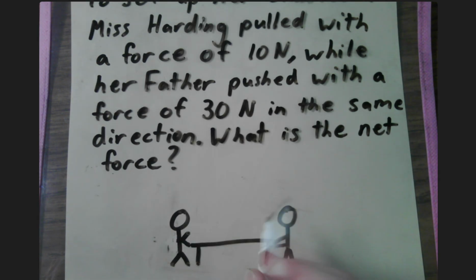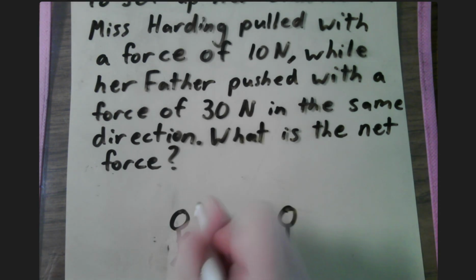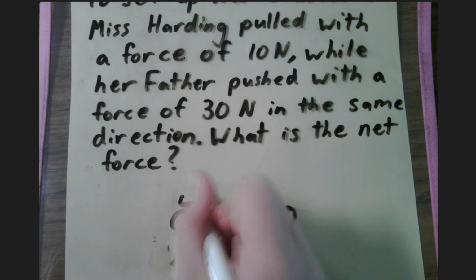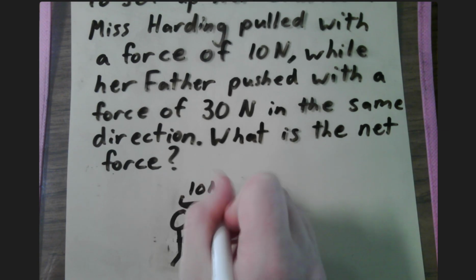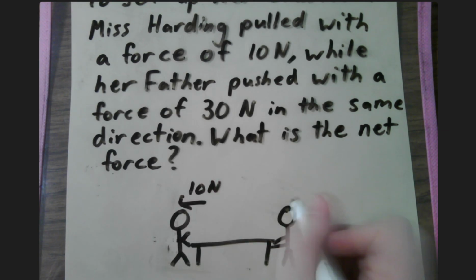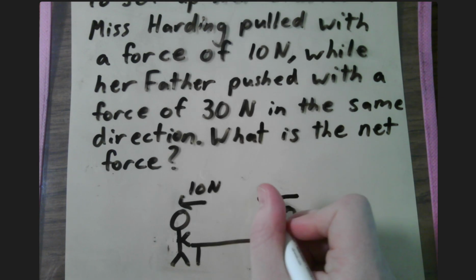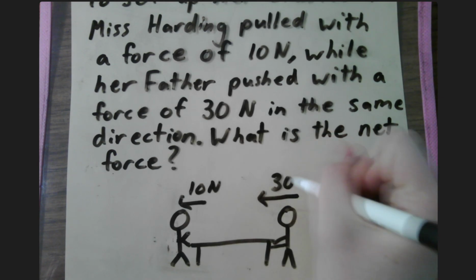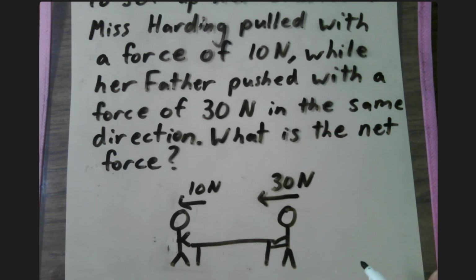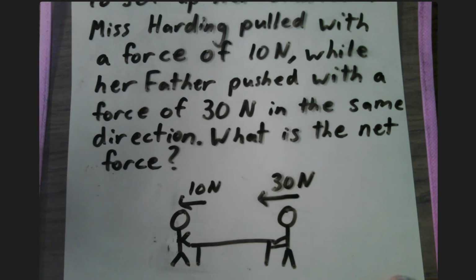So, Miss Harding is pulling 10 newtons this way, and her father is pulling 30 newtons this way. So now that we have our picture, we're going to do the math.